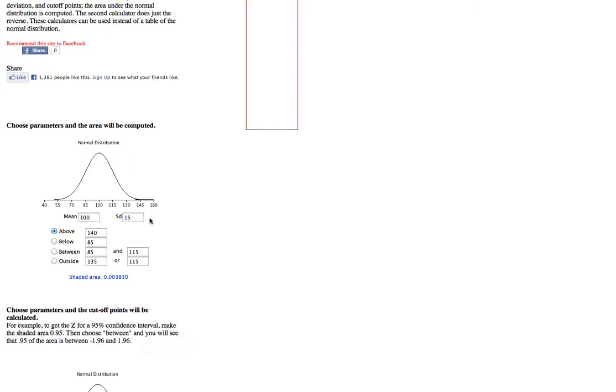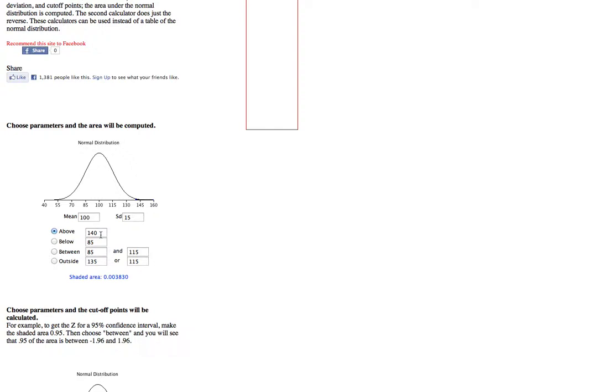And so I'm going to go through some examples of how to use this application. So if I wanted to know, let's say that I had an IQ of 140 with a mean of 100 and standard deviation of 15, I already know I'm 3 standard deviations above the mean.